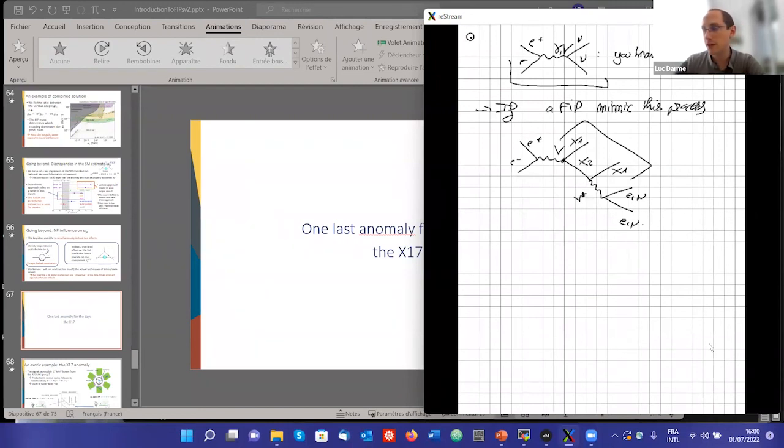The problem is that this process can have initial state radiation, which is lost in the beam, meaning that you can in principle have missing energy in these processes also. So this process is in fact quite effective in completely mimicking this one in a certain part of the parameter space, basically. Amazing.